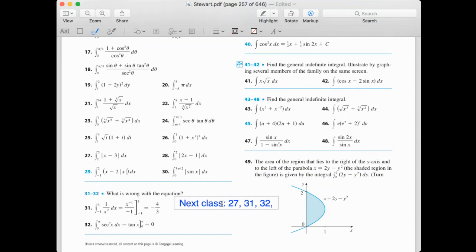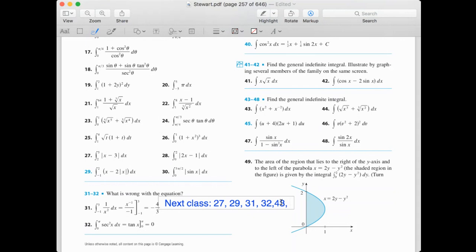You have to figure out intervals of increasing and decreasing. 29, 31, 32. 43. 43 is indefinite integrals, right?